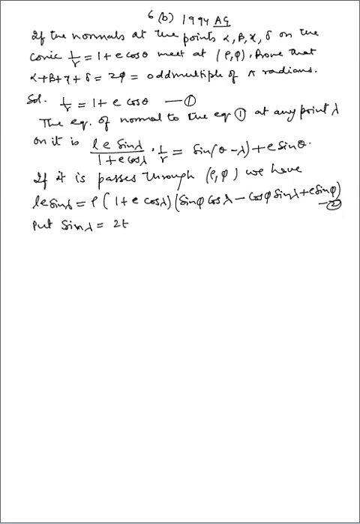Now we put sin lambda is equal to 2t upon 1 plus t square, cos lambda is equal to 1 minus t square upon 1 plus t square, where t is equal to tan lambda upon 2.